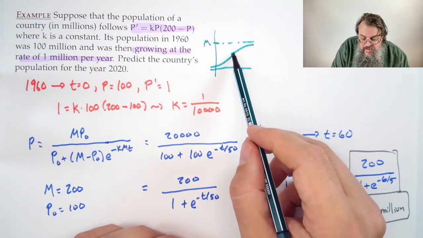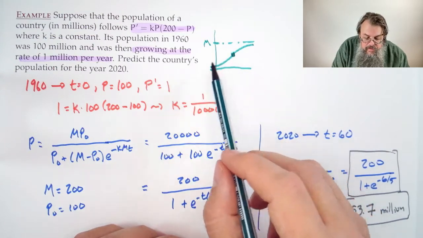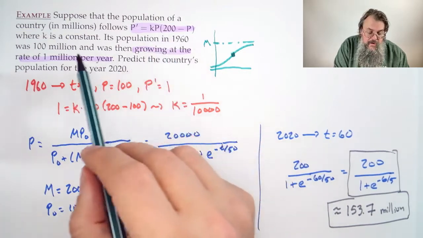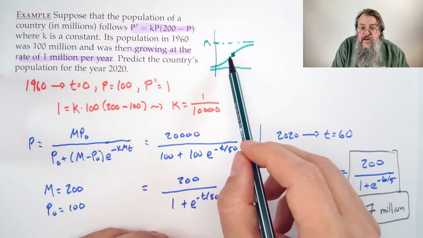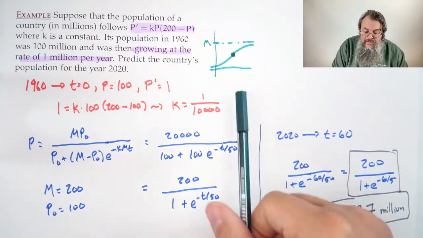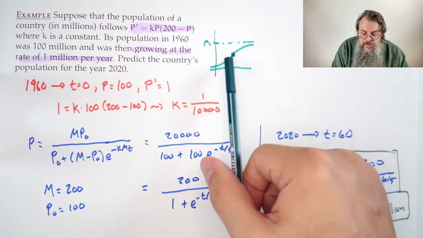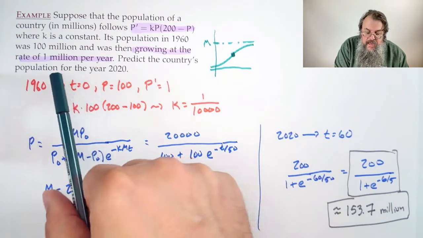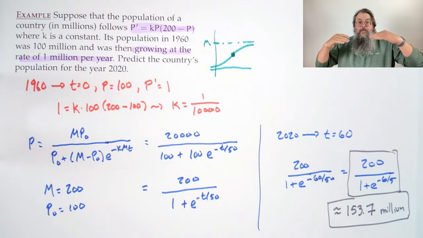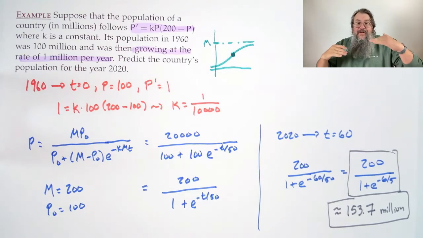But that's the point. Now, why did I point to there? Well, 200 million is the most we could have. We're at 100 million, so we actually start out at max speed. So the fastest rate of change we could hope for in this model was happening in 1960. So our 1 million per year, we maxed out our speed.